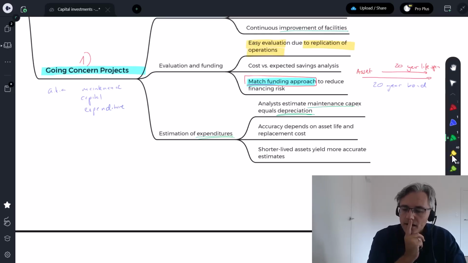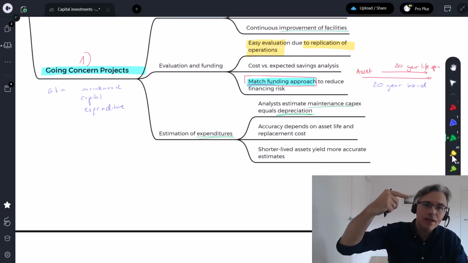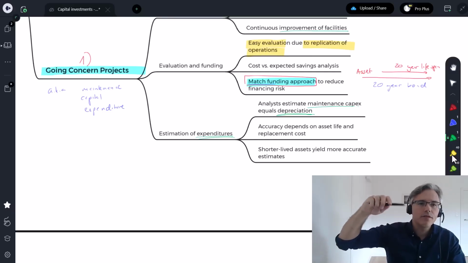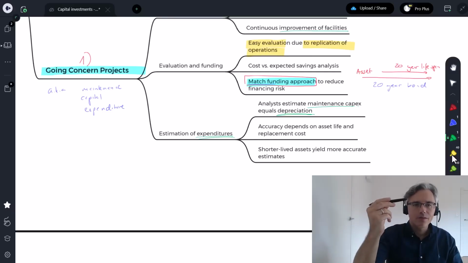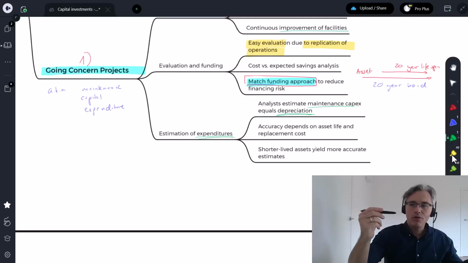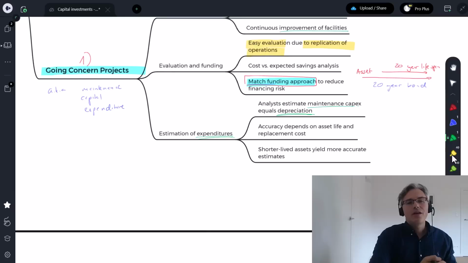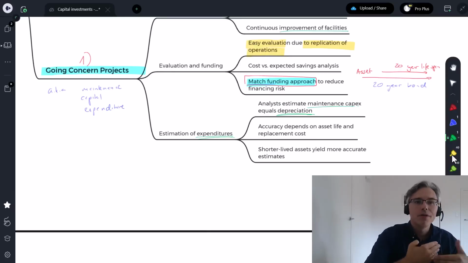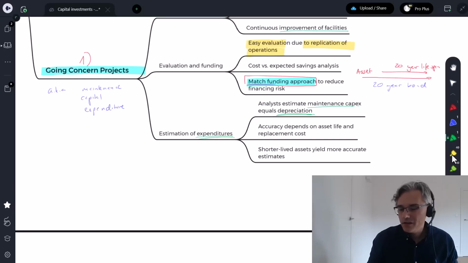Plus, if you're going to replace something, the question is how much will it cost in today's money? After all, depreciation or amortization is the spreading over time of a past purchase cost, whereas replacing the same thing in today's money under conditions of inflation will typically cost you more. So depreciation isn't necessarily a good guide in highly inflationary times.